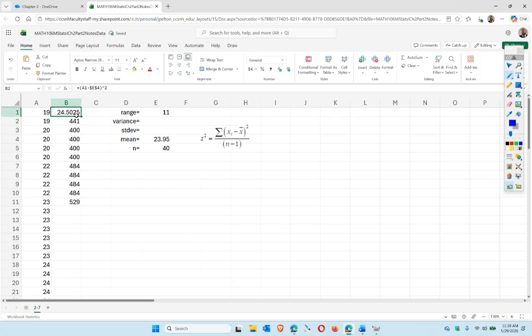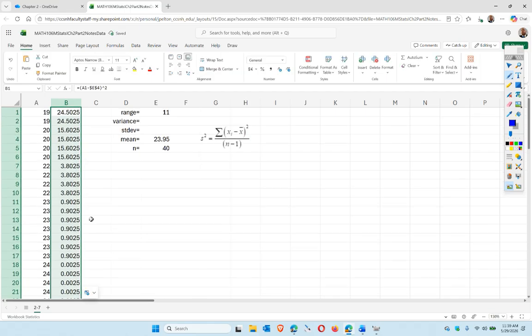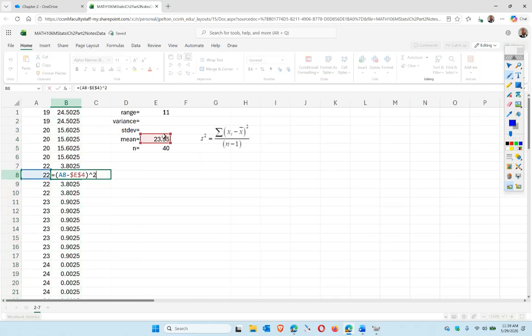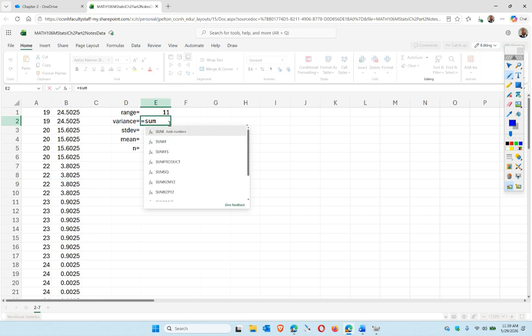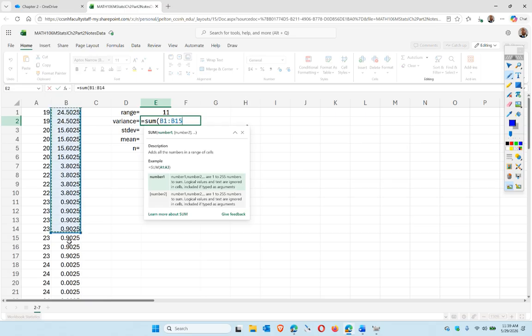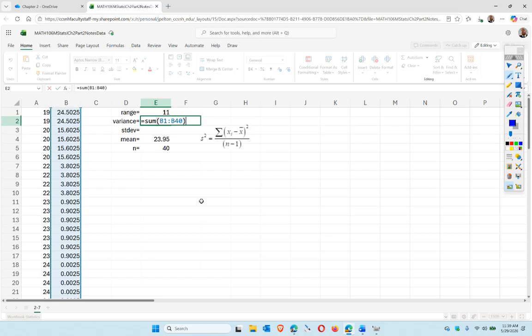So now when I drag this down, no matter which one of these I click on, it's using the actual mean, right? Okay, so the variance is the sum of all of those squared deviations, divided by parentheses n minus 1.